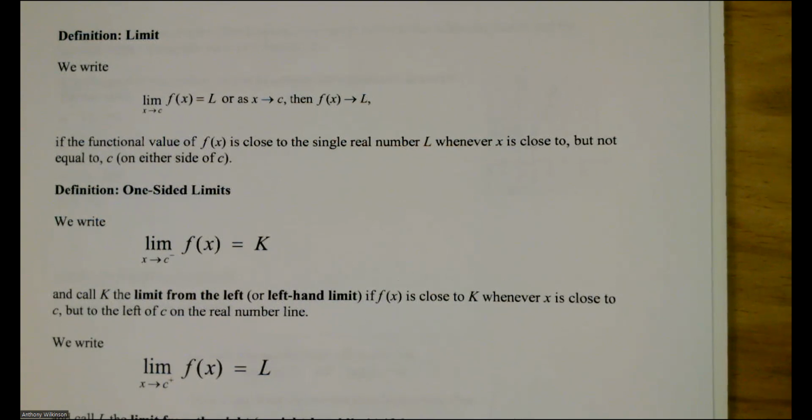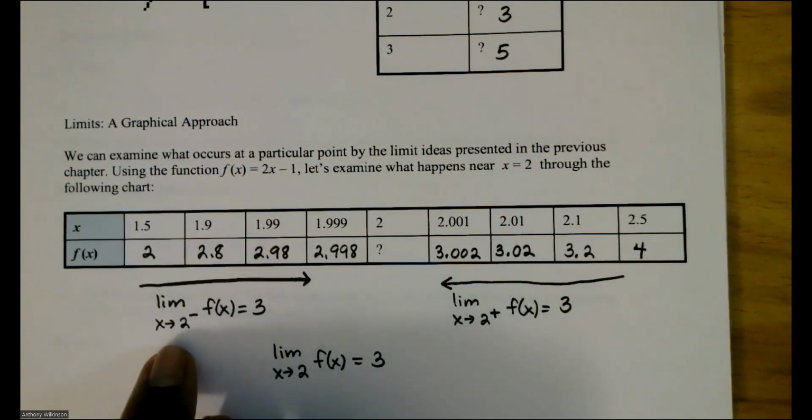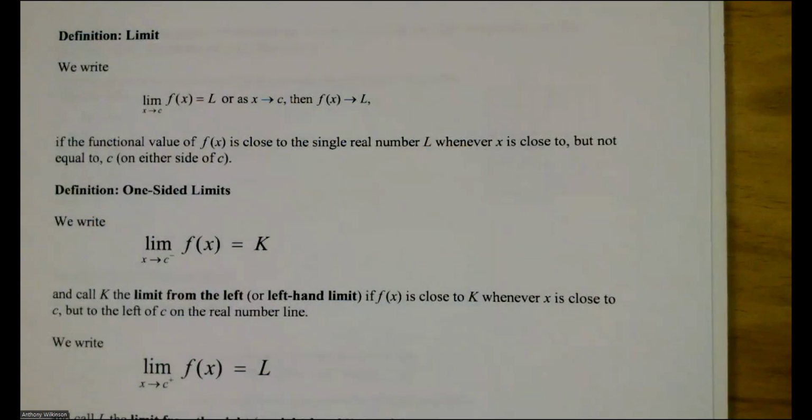And also notice that I did have a plus sign and a minus sign when we were doing this limit here. Limit as x approaches 2 from the left of 2, and the limit as x approaches 2 from the right of 2. Those are what we call one-sided limits.